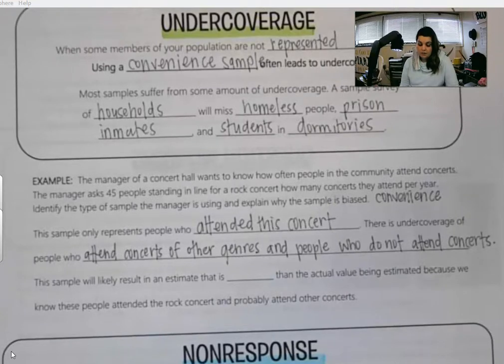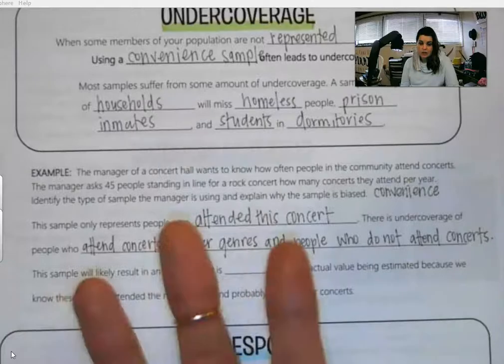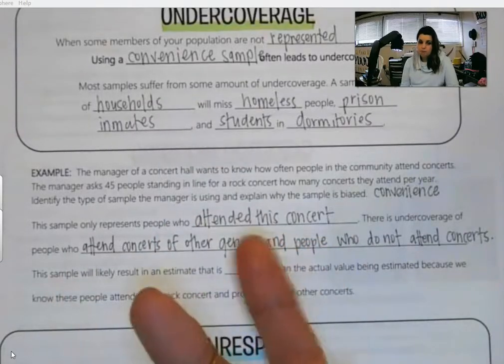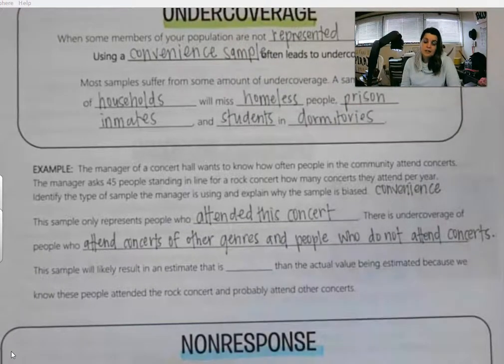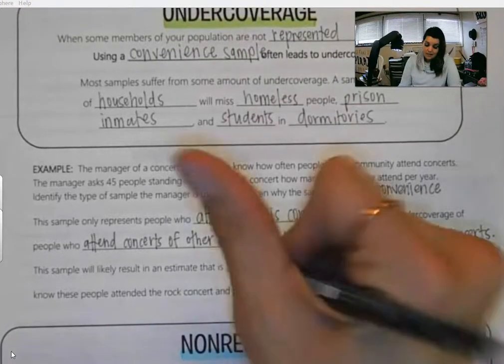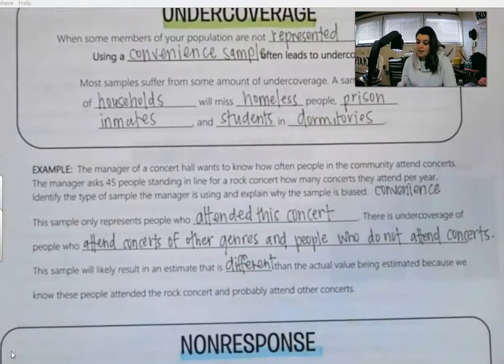We have a further issue in that of the people that attended concerts, we only looked at the ones that go to rock concerts. So we're missing all the people who attend concerts other than rock concerts and all of the people who don't attend concerts. This sample will likely result in an estimate that is different than the actual value being estimated, because we know that these people attended the rock concert and probably attend other concerts.